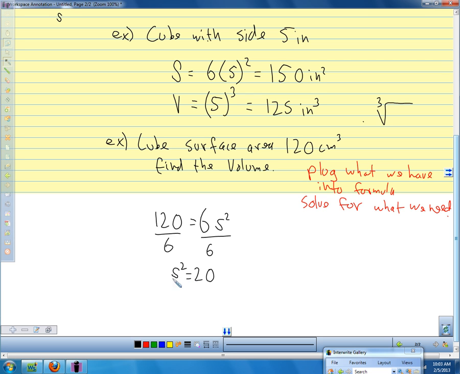To find s from s squared, what do I do? Square root. Square root undoes the square. S, our side length, is the square root of 20. I'm going to plug that in my calculator. The square root of 20 comes out to be about 4.47.